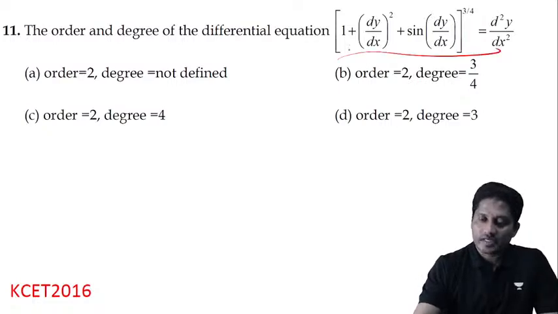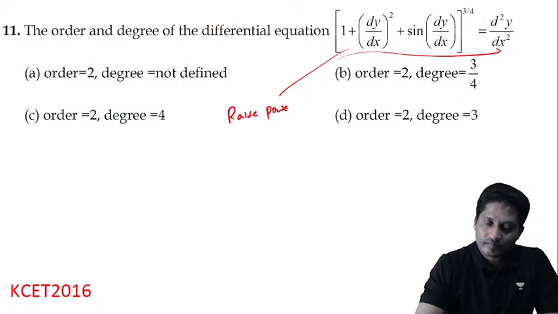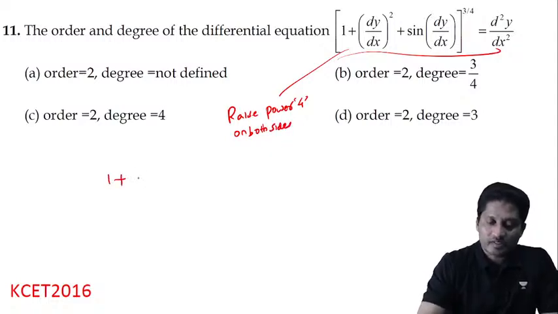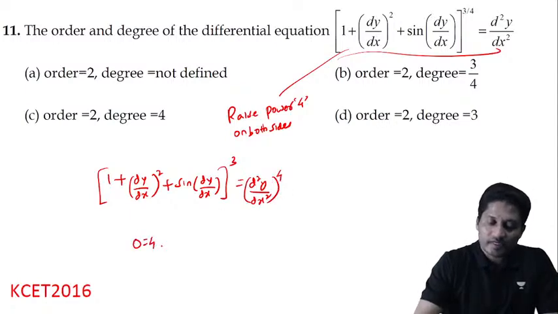Anyways, if I take the power 4 on both the sides, raise power 4 on both sides, we will get 1 plus dy by dx the whole square plus sine of dy by dx, the whole cube, because when you raise the power 4, the 4 will get cancelled, equal to d square y by dx square whole power 4. Order is 2, right? Here itself we can say that sine of dy by dx is there, right?